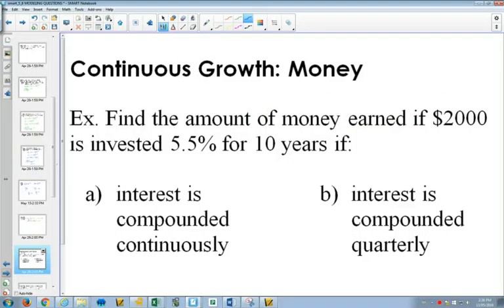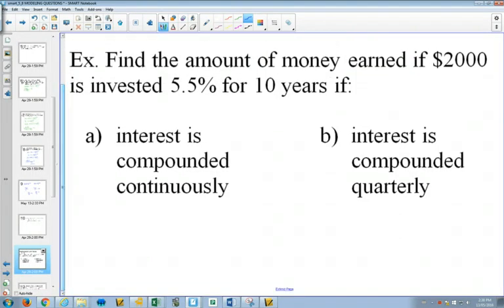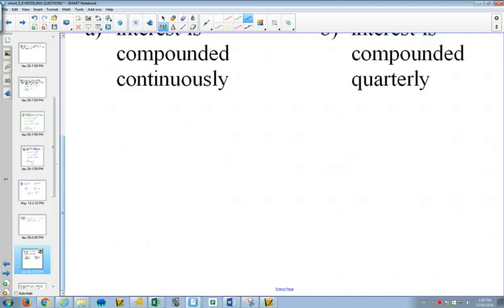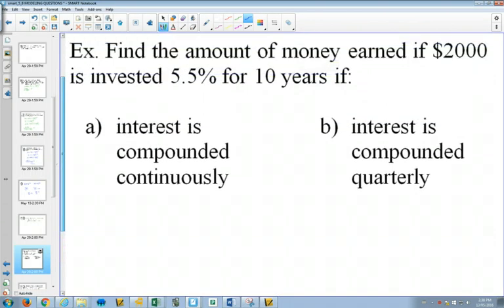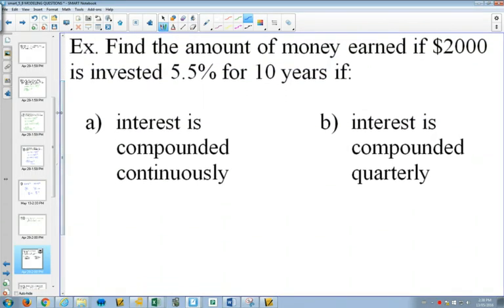We're going to do part B first, and then we'll do part A. We're going to do part B, figure it out. If you were paid quarterly, $2,000, we want to figure out the amount, 2,000 times 1 plus 0.055, compounded quarterly over 10 years.